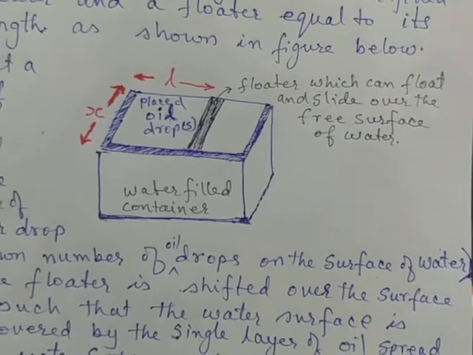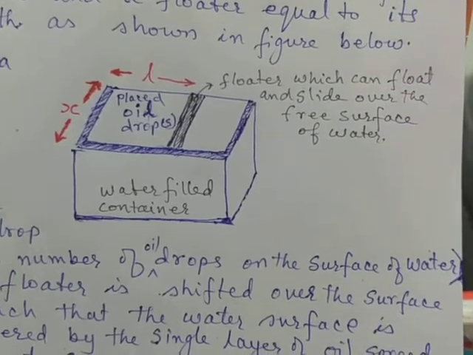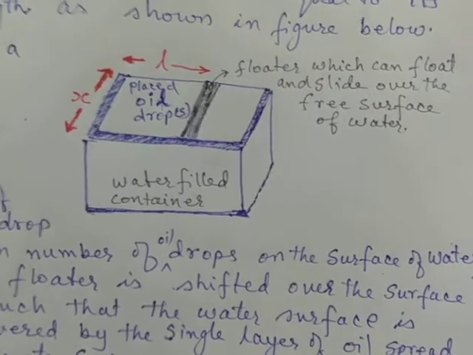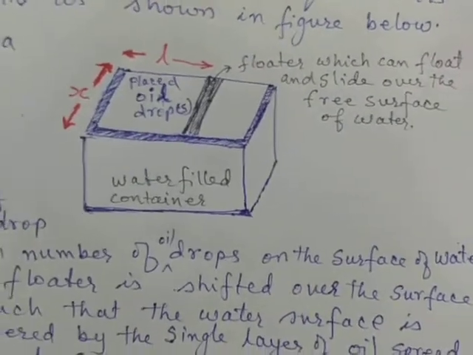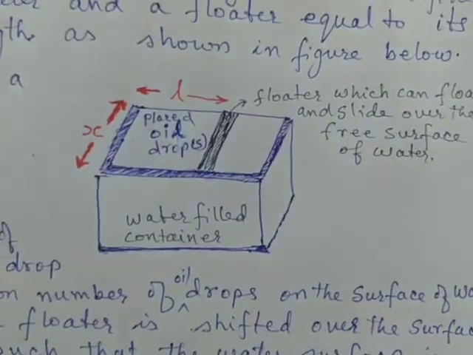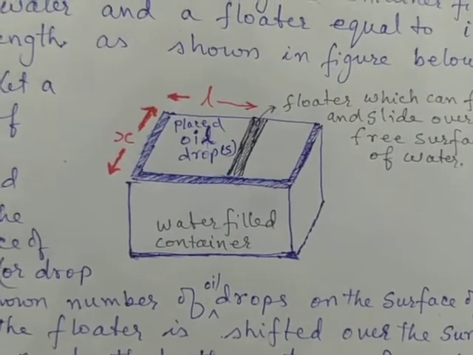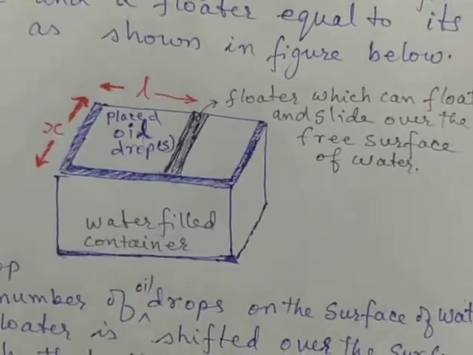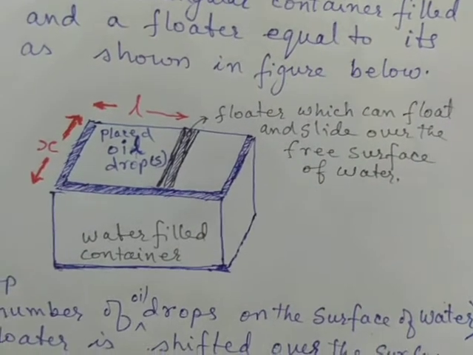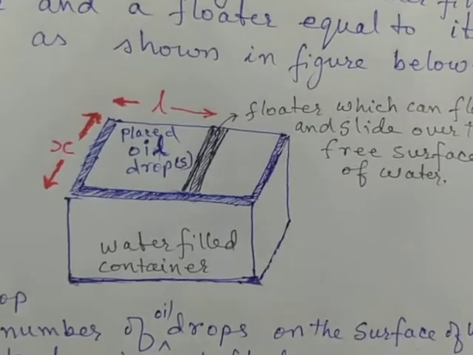Now we place a few drops of oil on the water surface and move the floater such that the oil is just able to cover the water surface there. Once this is done, it means there is one layer of oil spread over the water, because if we widen the floater such that the area within the floater is increased, the oil may not be able to cover the water completely.